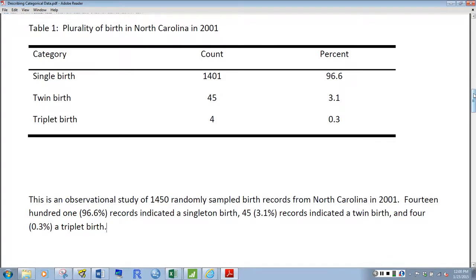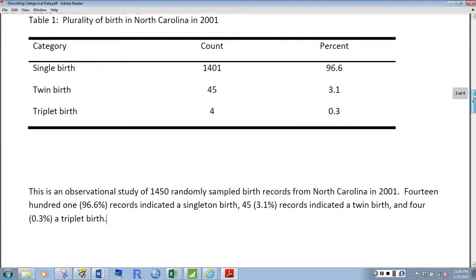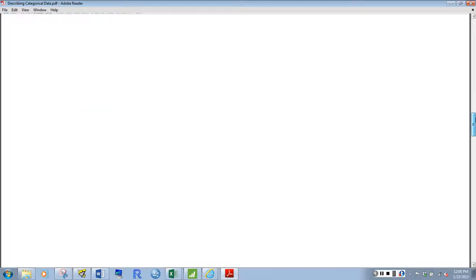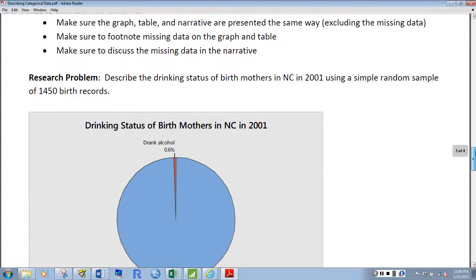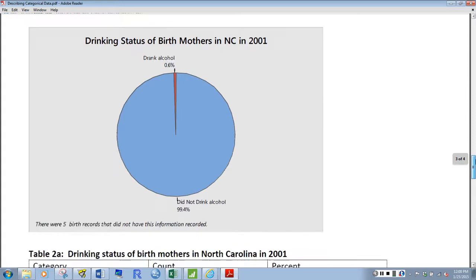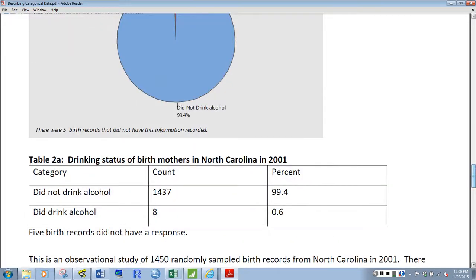Let me go to the next example, which has to deal with some missing data. The next example is about the drinking status of mothers. If we look at the frequency table, there were 5 records that didn't have a response. There are 2 ways to treat that, as we talked about in terms of doing both the graphs and the tables.